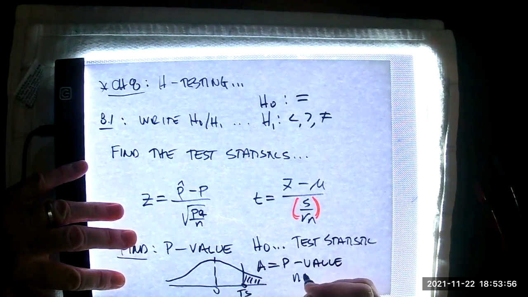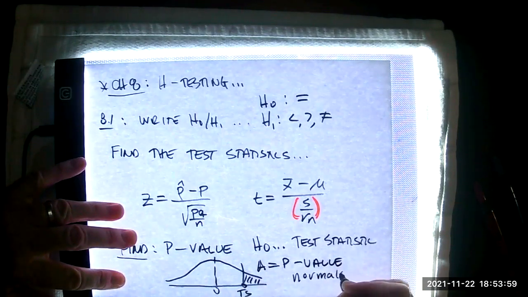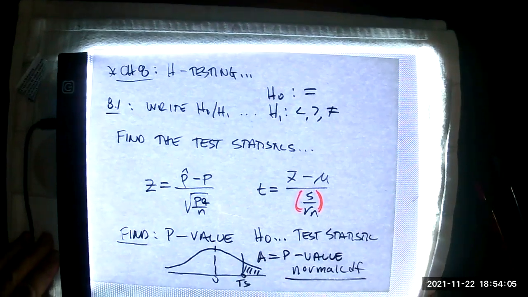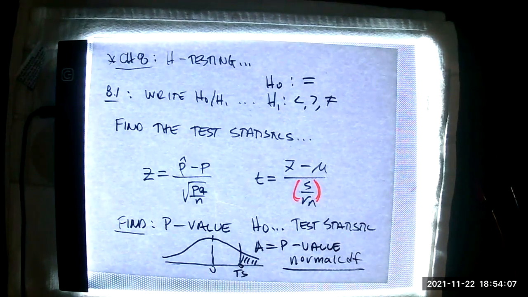And we use the normal CDF tool to get that area, just like we used it in 6.1. It'll be a z-score, so it's the z distribution. That's really what I need to have you take from 8.1.